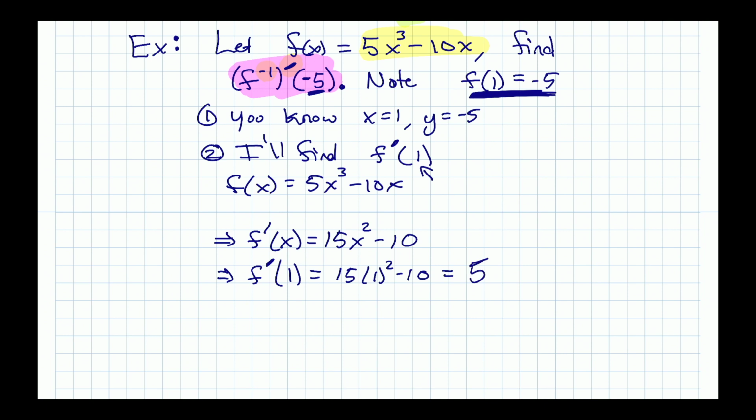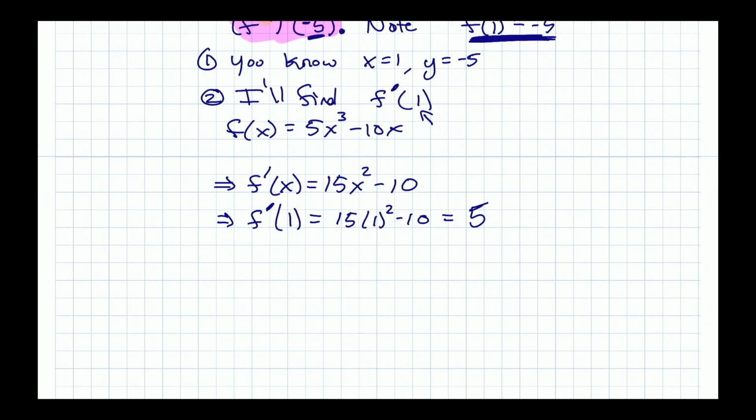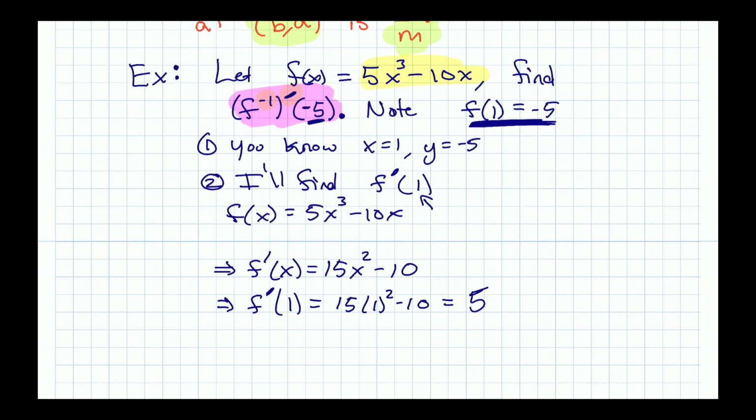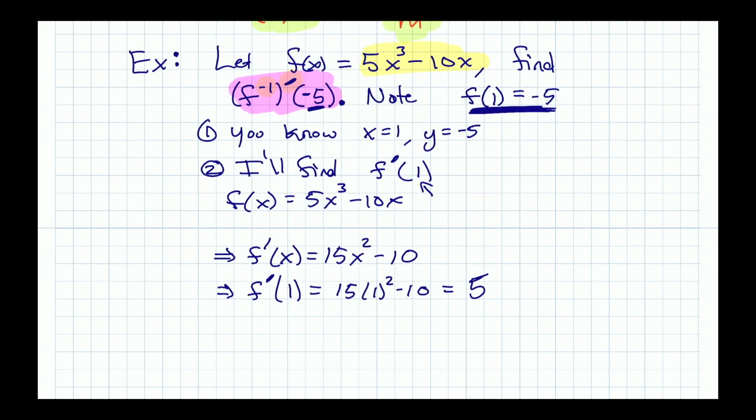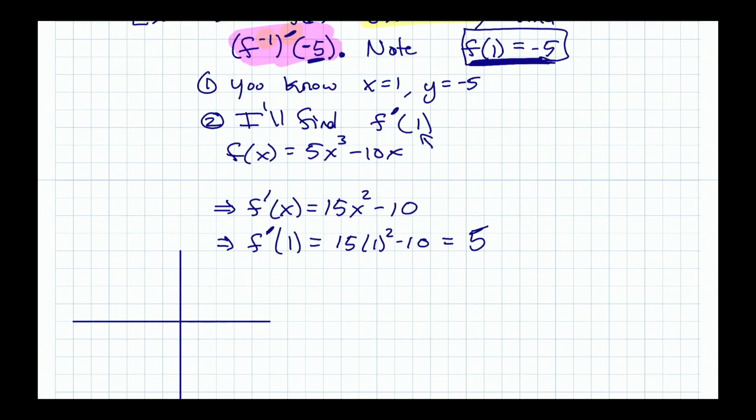All right? Now, let's just take stock of what we just did here. At the beginning, they told us f of 1 is -5. That's telling me that 1 comma -5 is on the graph of f.